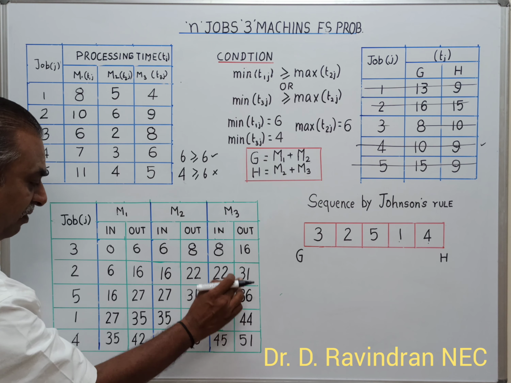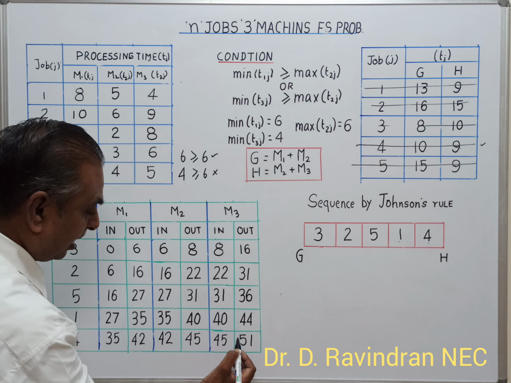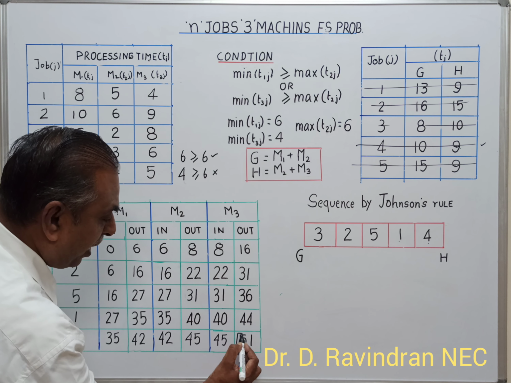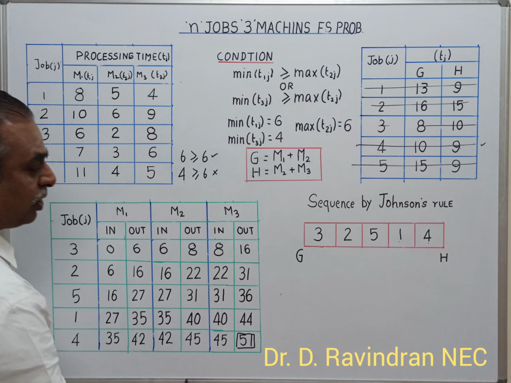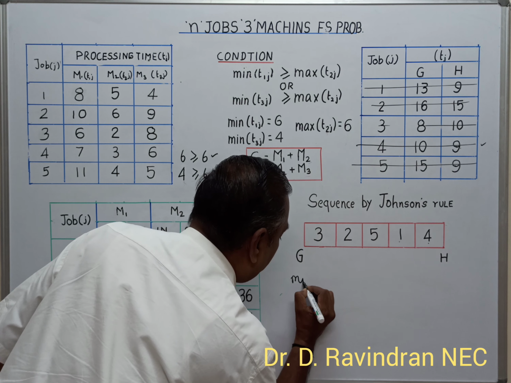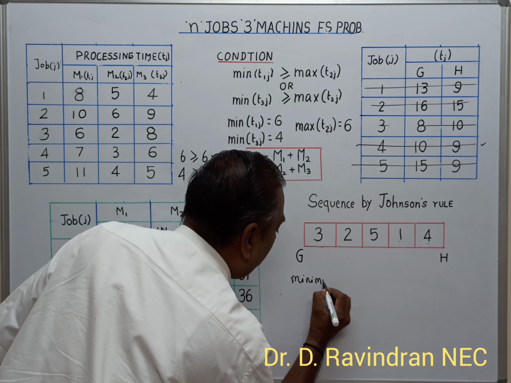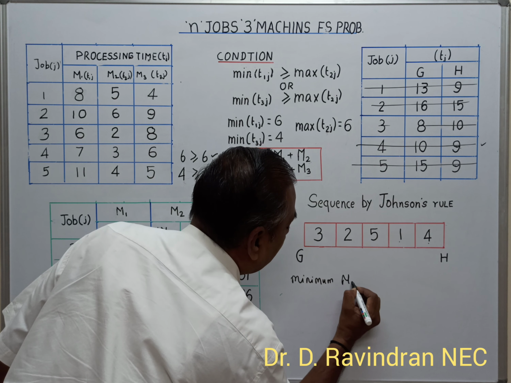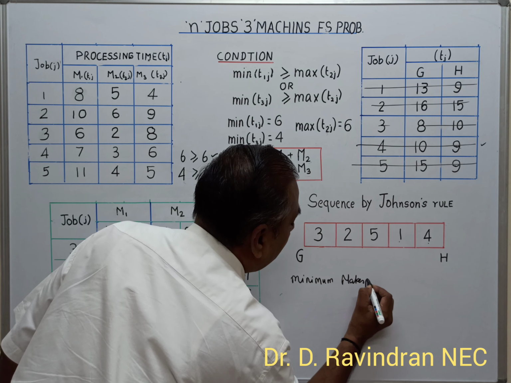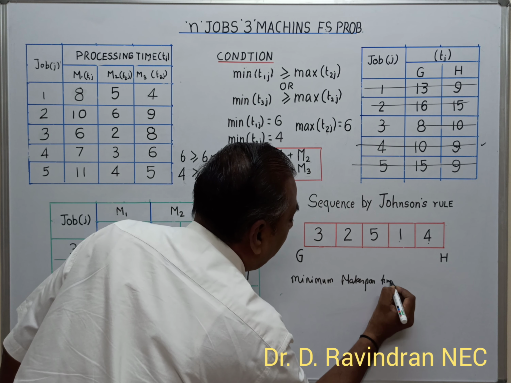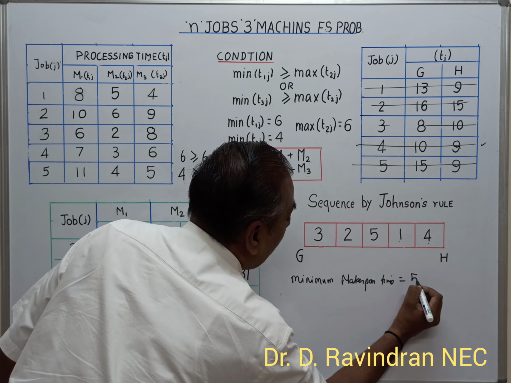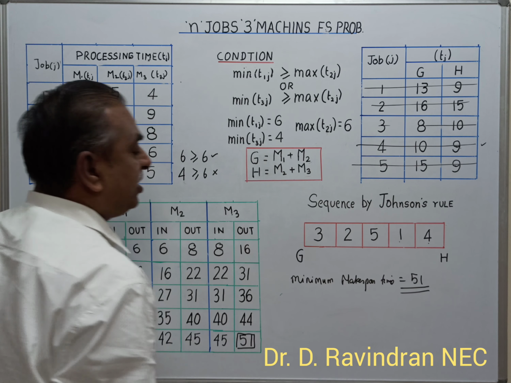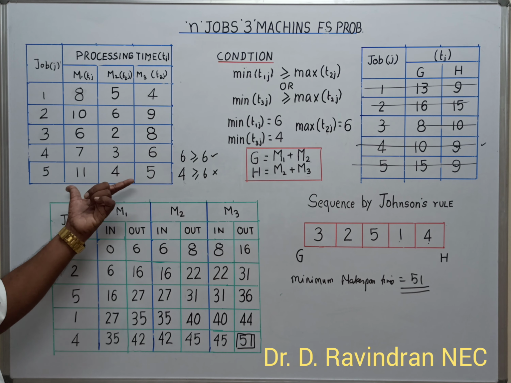In a similar way, when you proceed, the minimum makespan time is 51 hours. Minimum makespan time will be equal to 51. This will be the minimum for this problem.